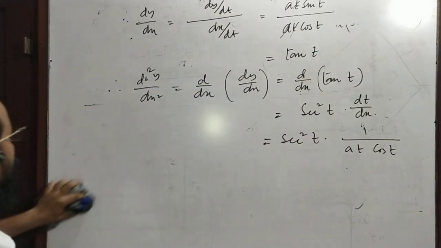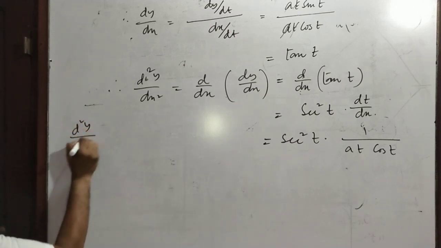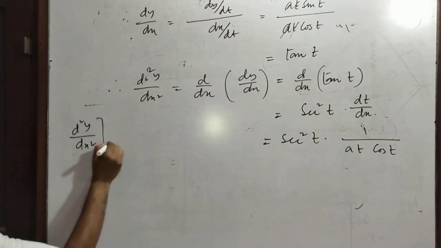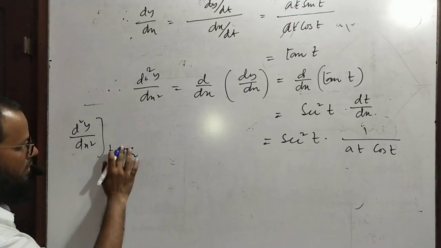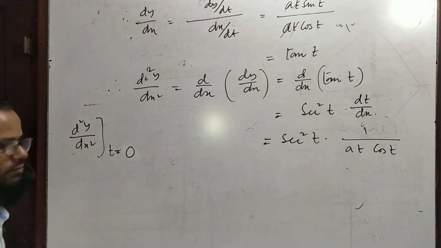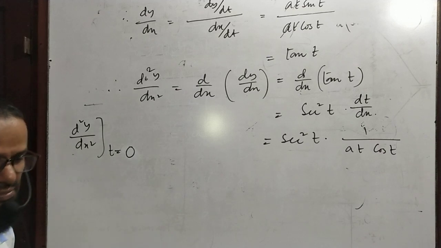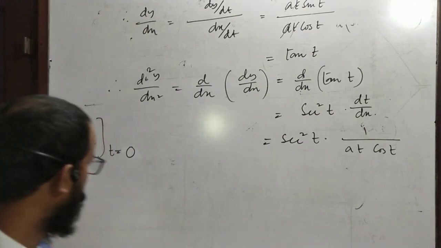So finally, in your question you have to find d2y upon dx2 at t equal to pi by 2. I want to say this is not pi by 2. You have to write t equal to 0. The question has a little mistake. So in the question you write d2y upon dx2 at t equal to 0.